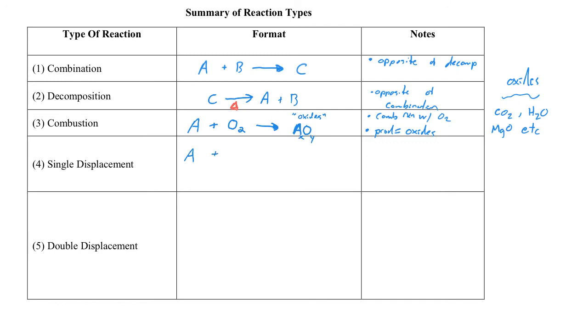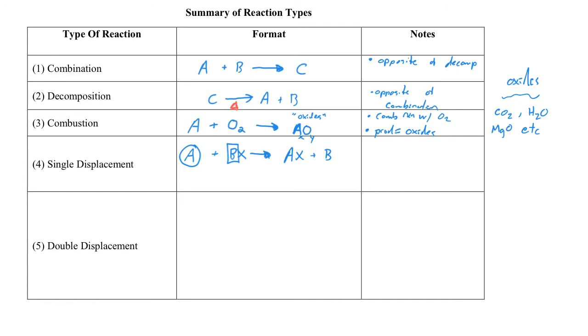And we have another thing that I'll call BX. And what happens here is that A replaces B on BX. So we see A with X and then B on its own. That's a single displacement reaction.